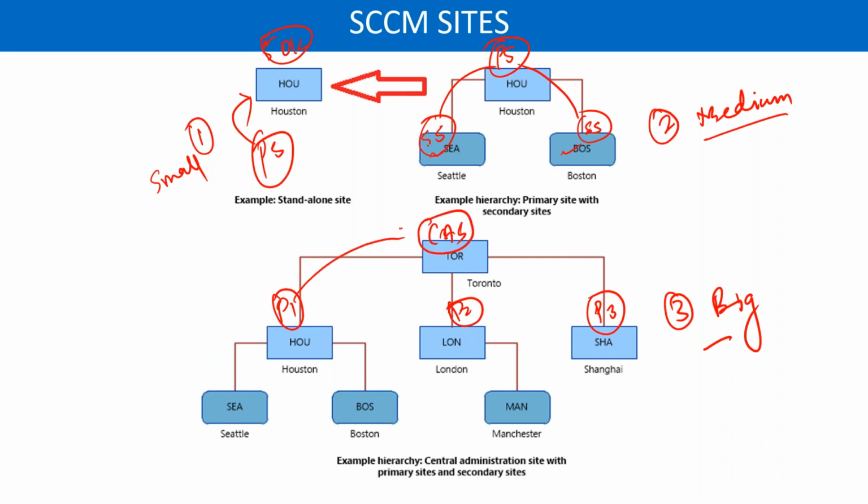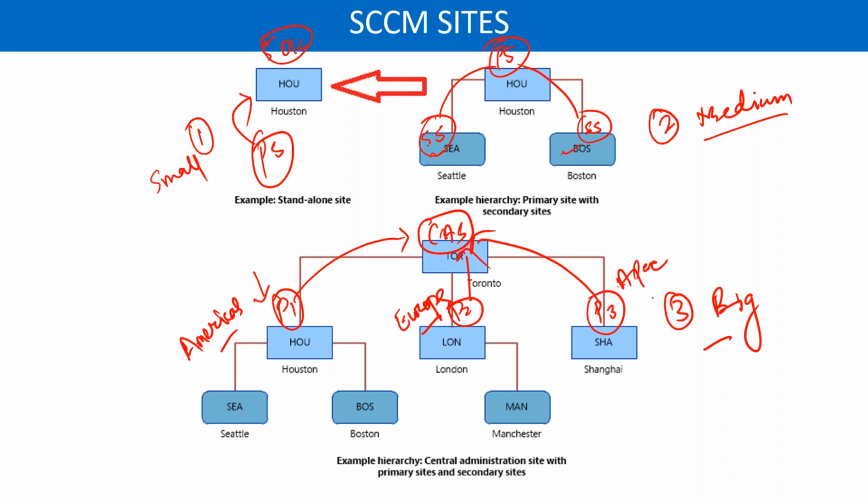All these primary sites will report to the central administration site. The primary site in America, Houston, will be managing all the devices in the Americas. The second primary site, in London, will be managing all the devices in Europe. The third primary site, in Shanghai, will be managing all the devices in Asia Pacific.